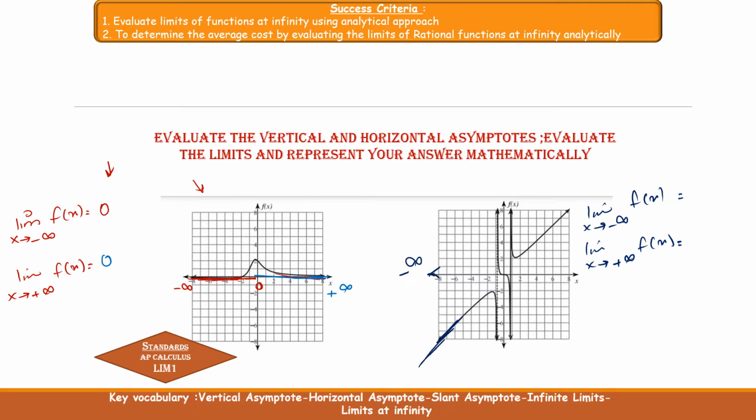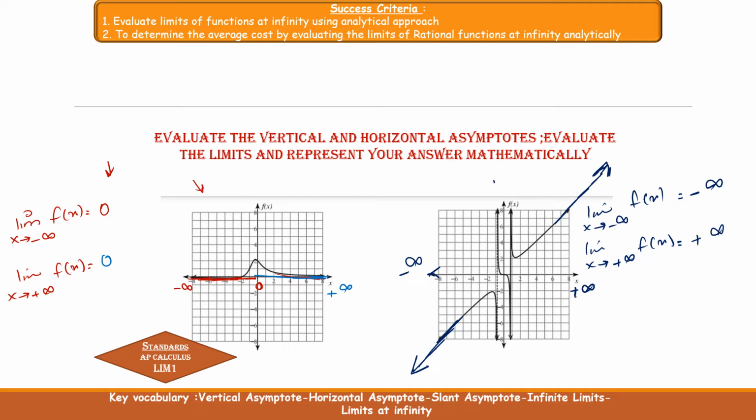The graph is going down and down and down, which means it is also equal to negative infinity. When x is approaching positive infinity, the graph is going up and up and up. No horizontal asymptote it is making, so it will be positive infinity.